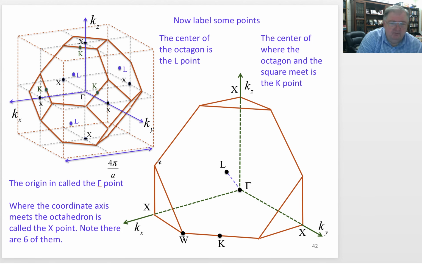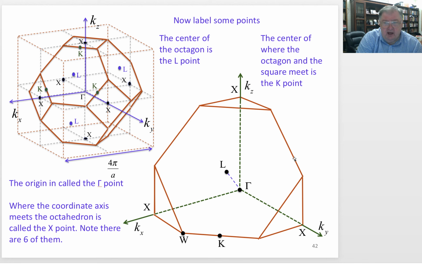But for example, as you go from the origin, which is always called the gamma point, to the middle of the square face, that's called the X point. Why it's an X point, I don't know. But the point of the matter is that this is an X point, this is an X point, this is an X point. It's not seen, but there's an X point behind the thing here, and there are lots of X points on this thing, right? I think there are 8 of them, which is why it's called an octahedron.